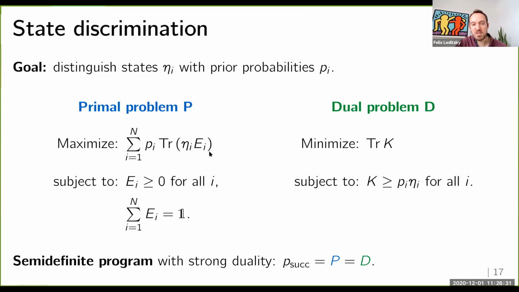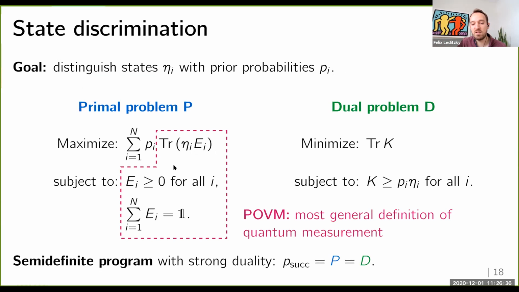So you have some measurement E i, which in the most general setting is a POVM, a positive operator valued measure. So for each state you have a measurement operator E i. They all need to be positive semi-definite, and they need to sum up to the identity on the space, which is like the conservation of probability. So you need to get one of the outcomes. And then you weigh these probabilities by the prior probability p i of drawing that state, and then you sum over all of these, which gives you the success probability.